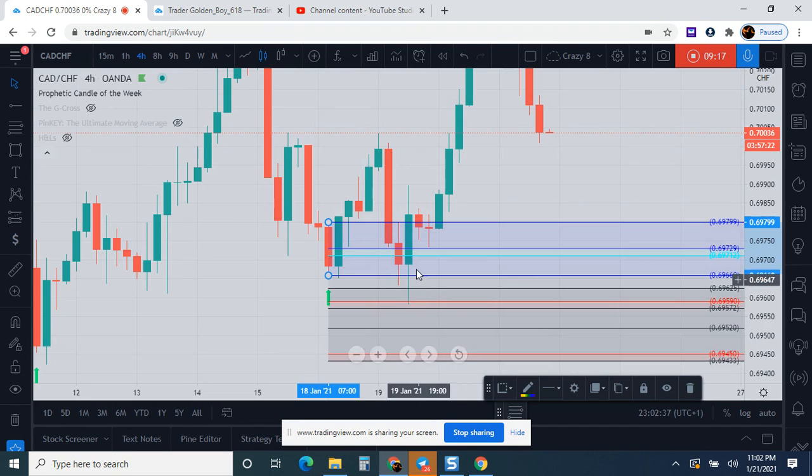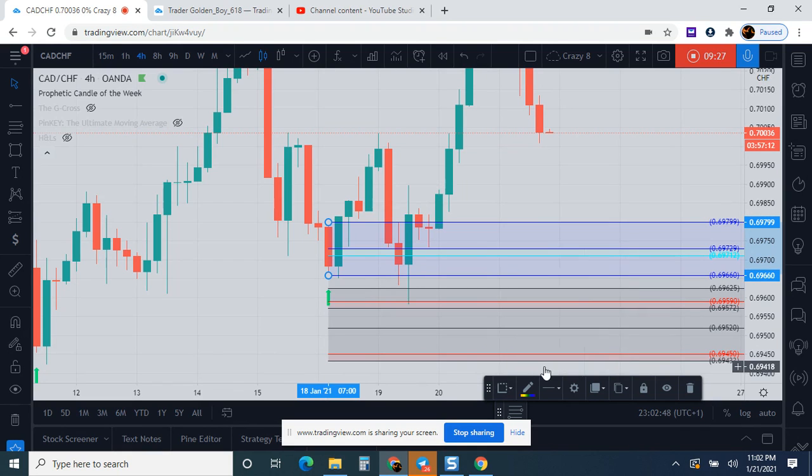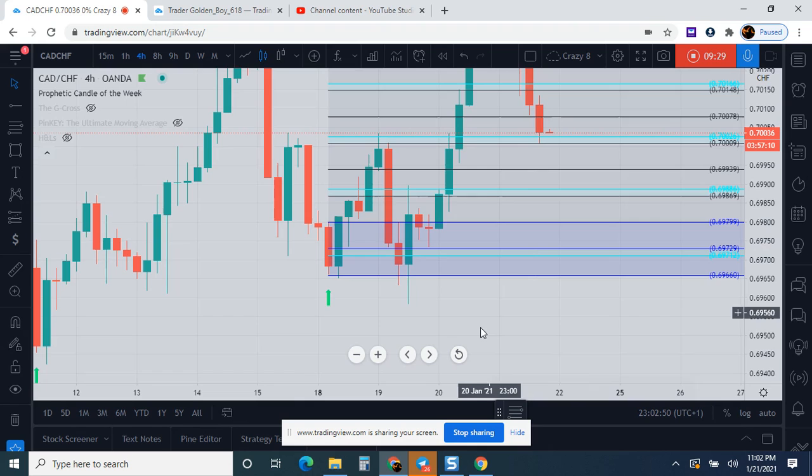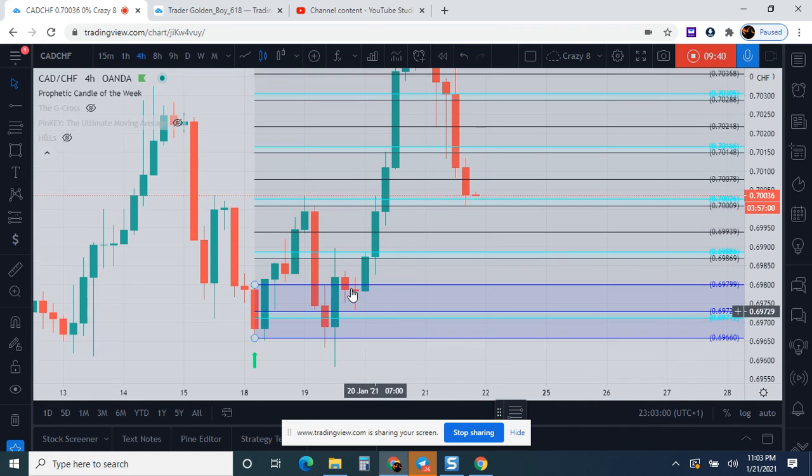So technically, yes, this would have come to your very first stop loss, but let's leave that. So it hit your stop loss, only for it to go back and close above. Once it closes above, you are ready to take the trade for a long, and there you have your entry.